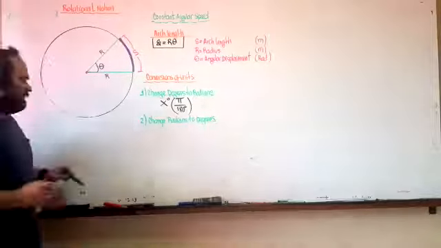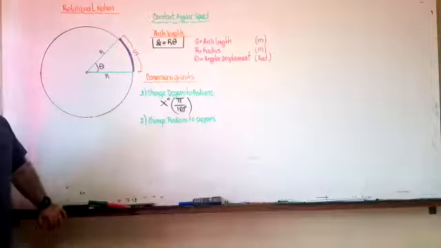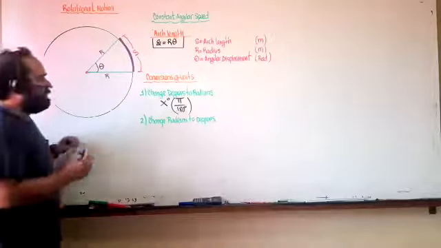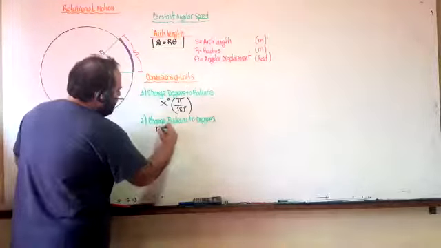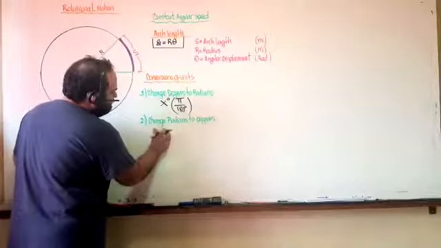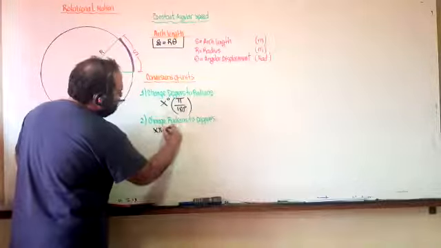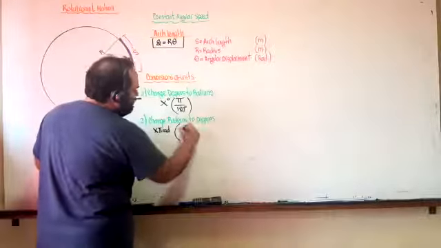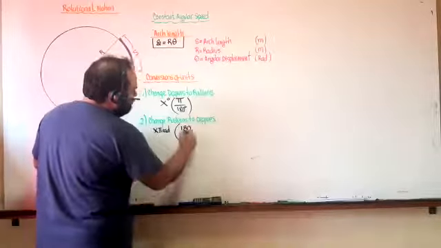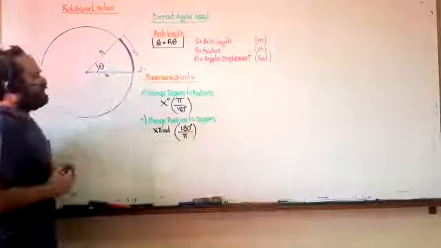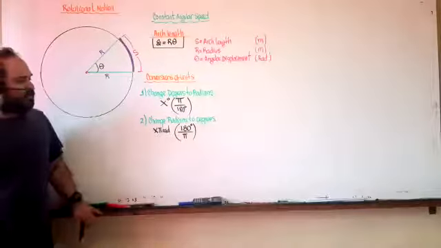For example, if you are given 4 radians, and I really need to know how many degrees that is, the only thing that we have to do is multiply x pi radians by 180 over pi degrees. And this is going to be the same situation.